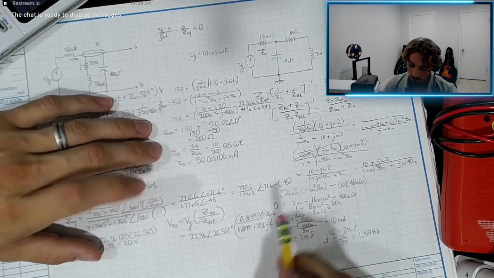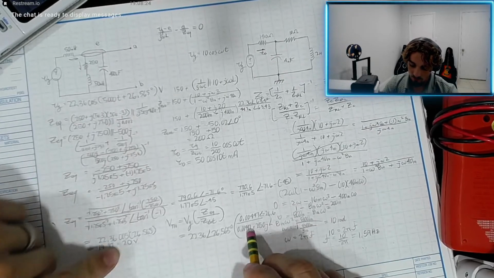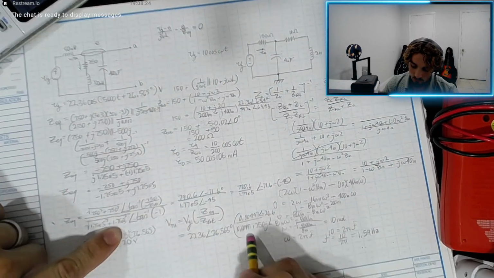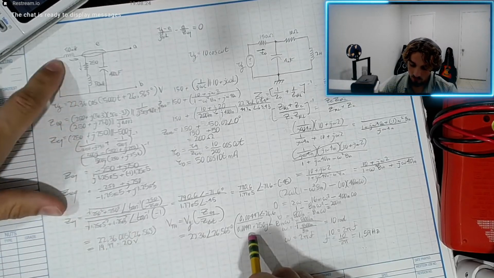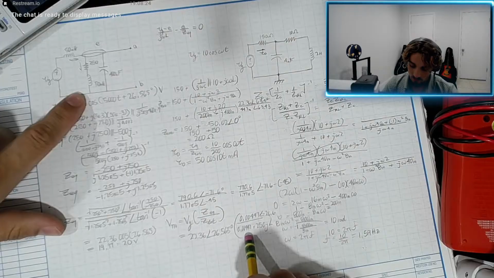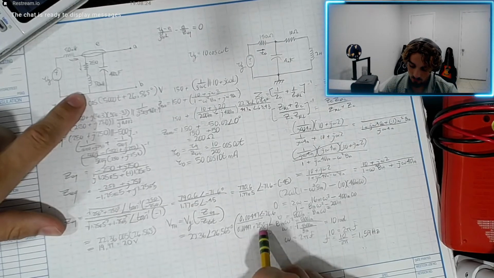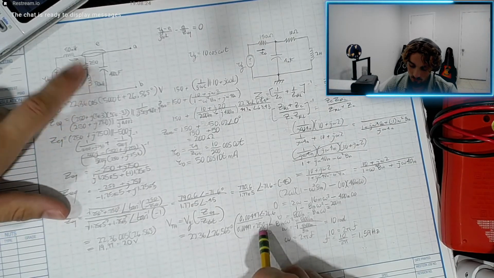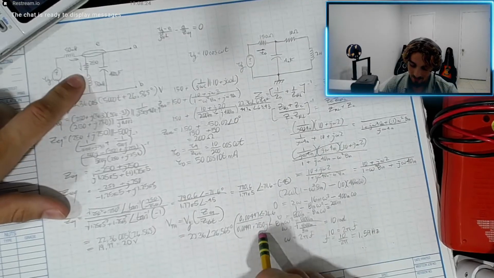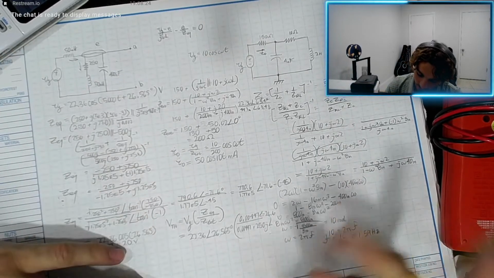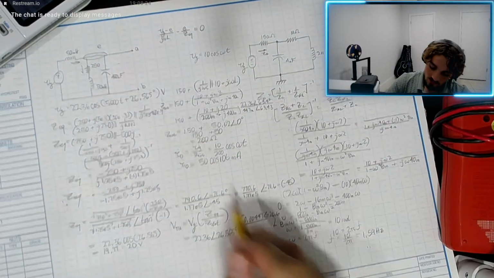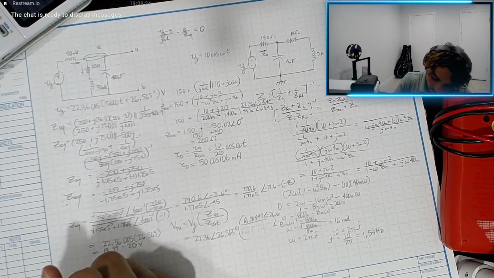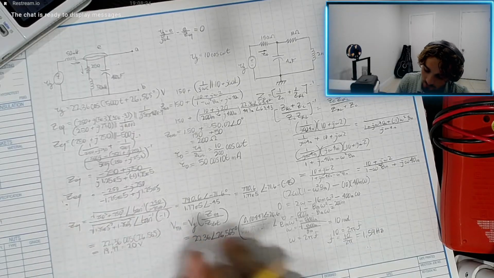That's phasor form. I need to put this in phasor form. Where did I get this though? Z total. That's where I got it. But I can't add them because that's not phasor form. Okay, so this is wrong. I hope this is right. We gotta get the rectangular form. It's in polar coordinates right now.